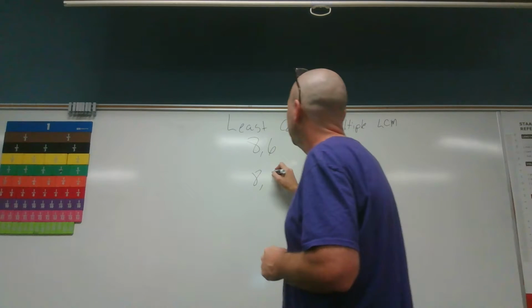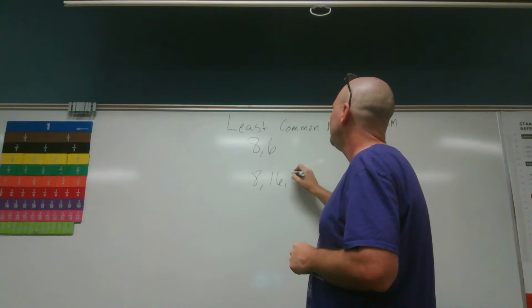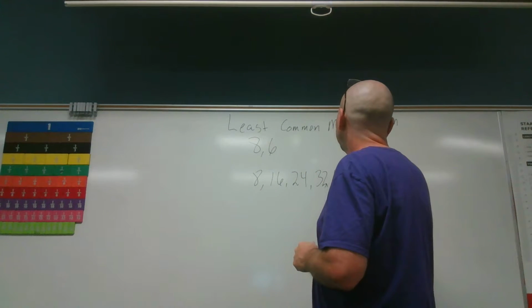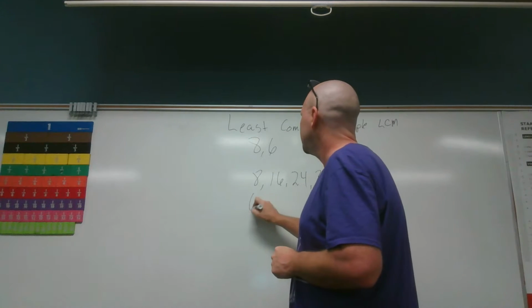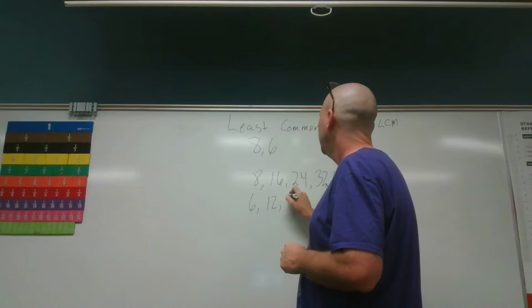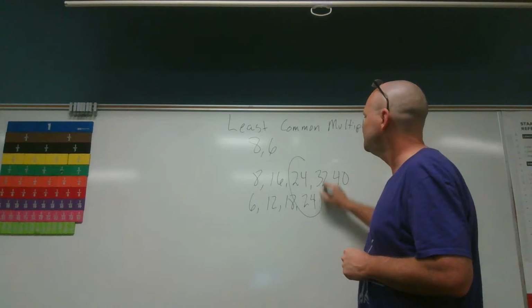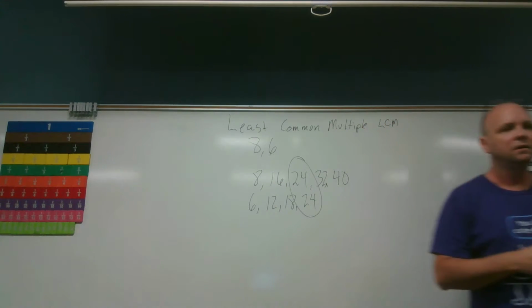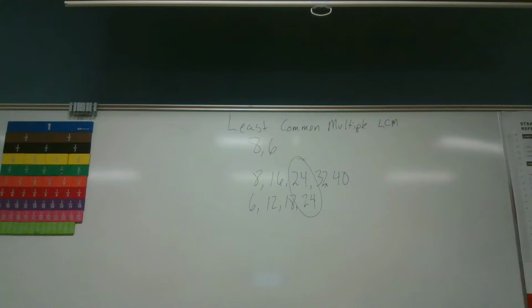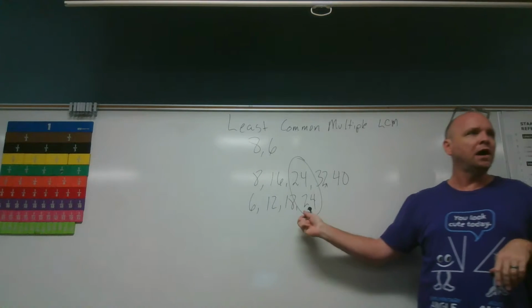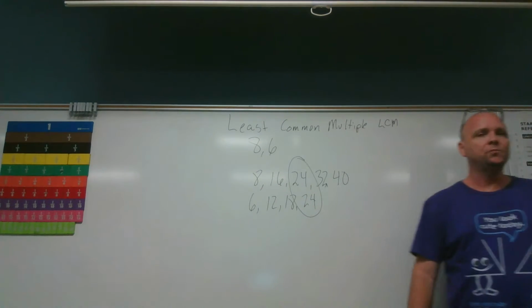So 8, 16, 24, 32, 40, 48, 56. All right, let's do 6: 6, 12, 18, 24, 30, 36, 42, 48. 24 is my least common multiple. If you just multiplied them together, you'd get 48, which would not be the least common multiple.